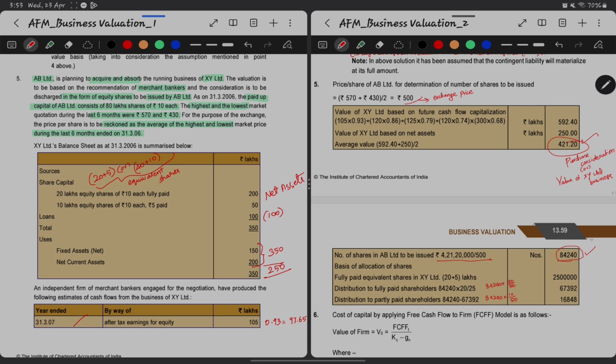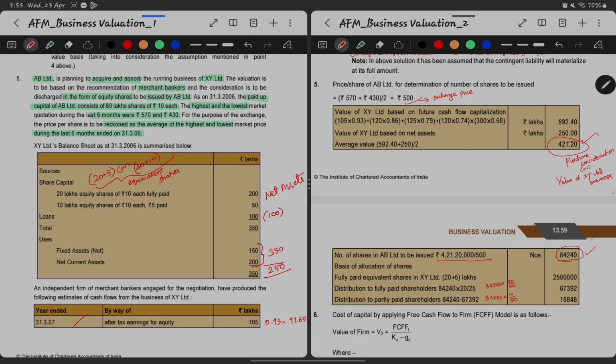Now in this ratio we have to apportion and give the number of shares. We know that 84,240 shares of AB Limited are to be given to acquire XY Limited, but it will be in this ratio because there are two classes of shares, one fully paid up and one partly paid up. 20 plus 5 will give us the same answer as 40 plus 10.